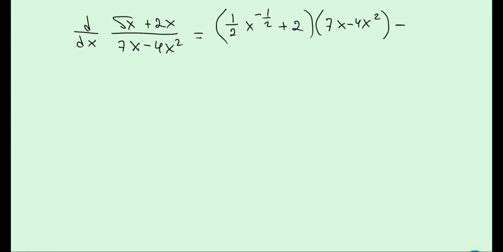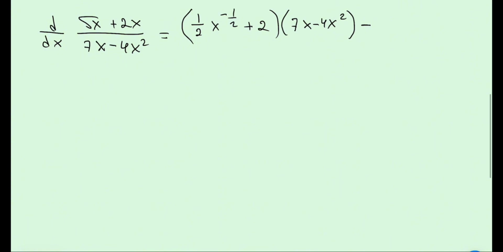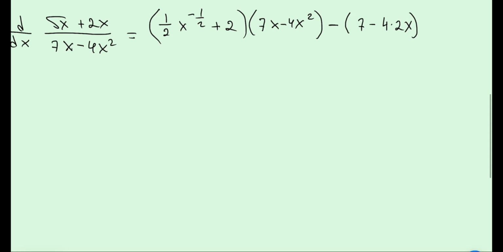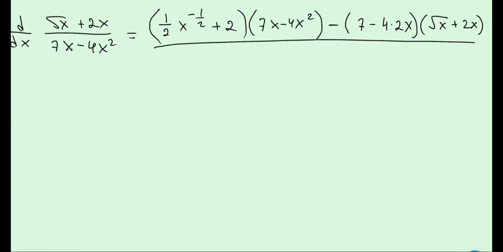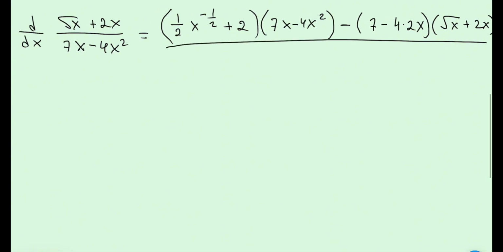Then we'll subtract the derivative of g of x, which is going to be 7 minus 4 times 2x. This is the derivative of g of x times f of x, which is the square root of x plus 2x, over g of x squared.